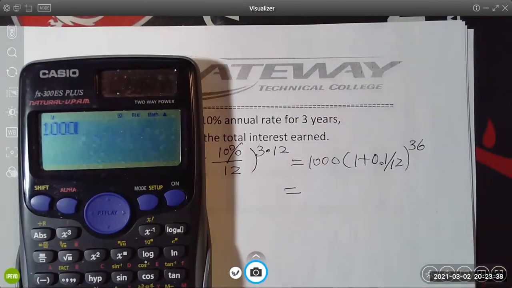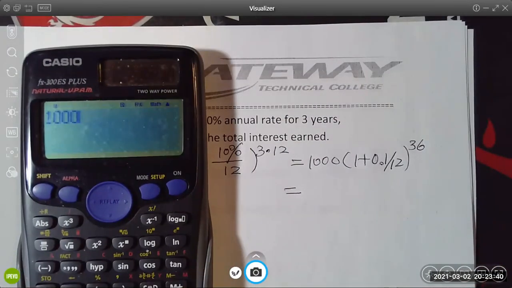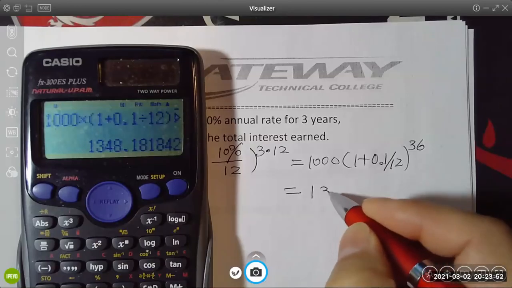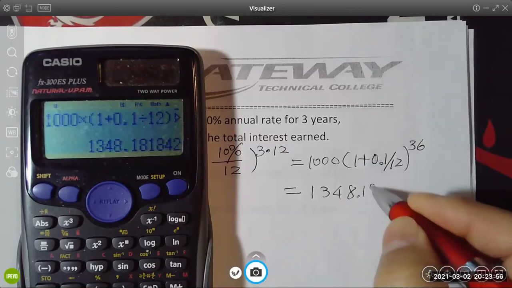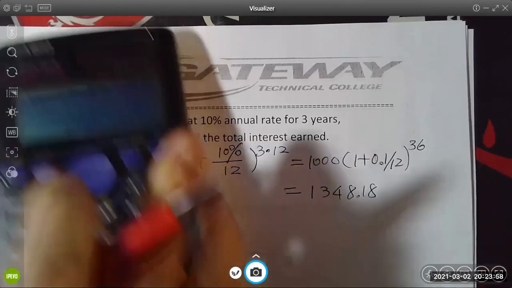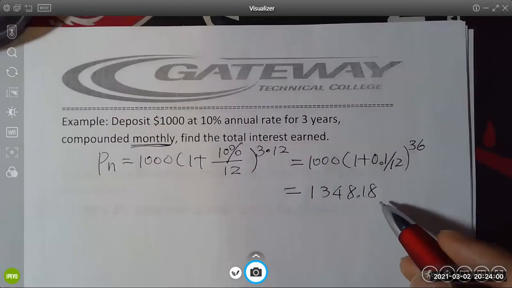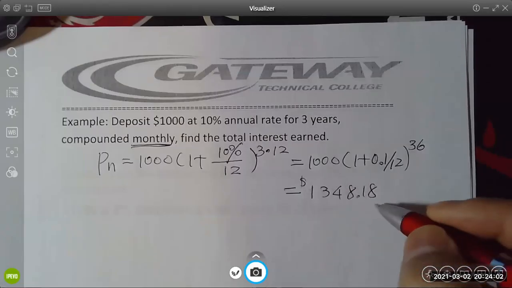1,000 times 1 plus 0.1 over 12 to the power of 36. We get $1,348.18. Usually we round it to the second decimal digit for the cents.